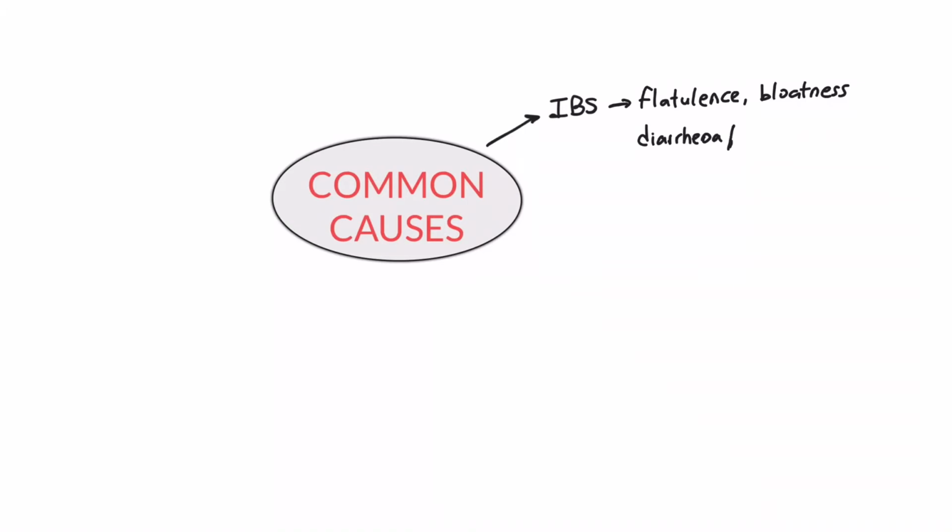Let's put a slash here, constipation, because patients that present with IBS will have either diarrhea or constipation. And these symptoms are generally worse with stress. Very important to ask specific questions about whether they are stressed at work or in a relationship, and obviously cramping, a very common presentation with IBS.